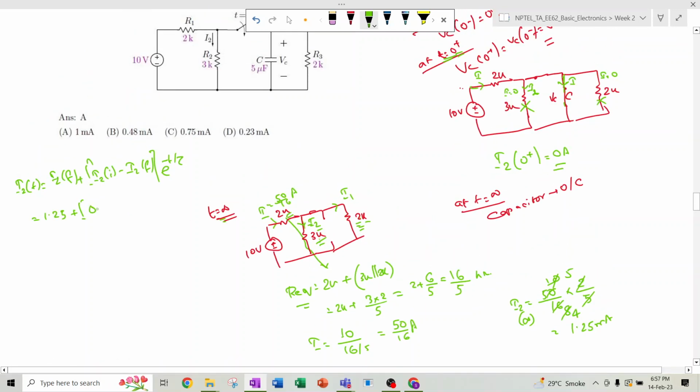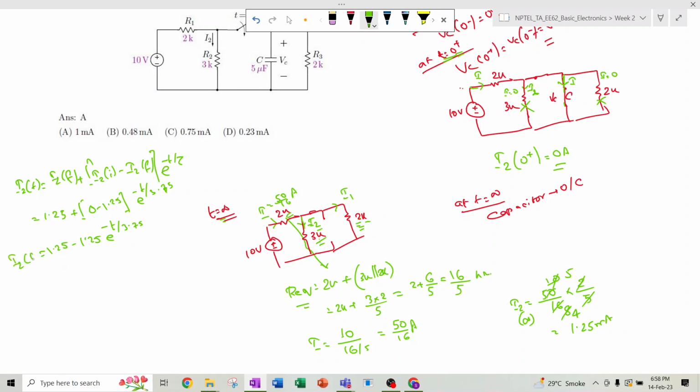So it is 1.25 plus (0 minus 1.25) into e to the power minus t by tau. Now the tau is 3.75, as we have already discussed in the earlier problem. So the value is 1.25 minus 1.25 into e to the power minus t by 3.75. This is the equation of I2 at any point of time, may it be 4 millisecond, 3 millisecond, 2 millisecond.